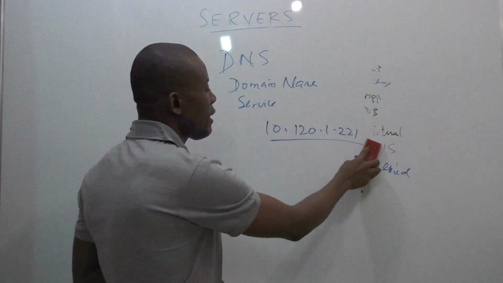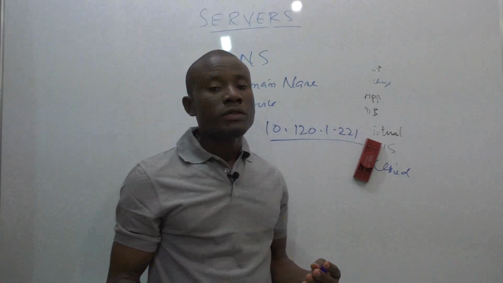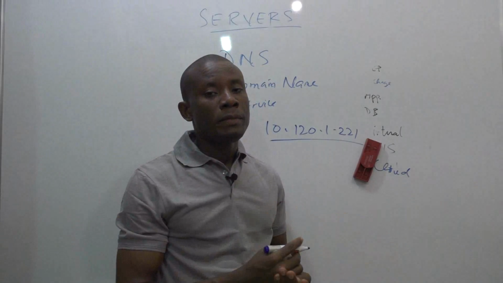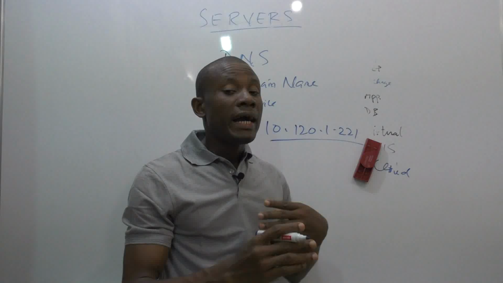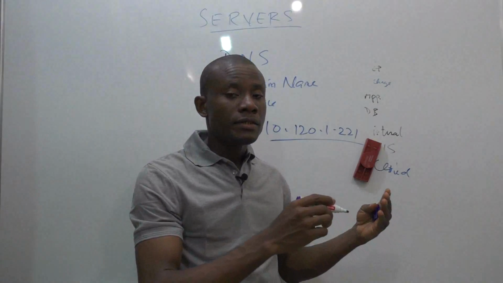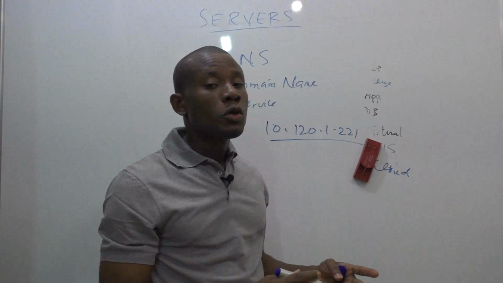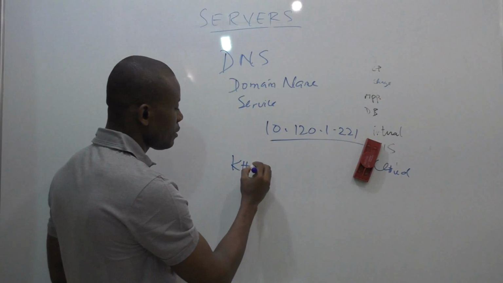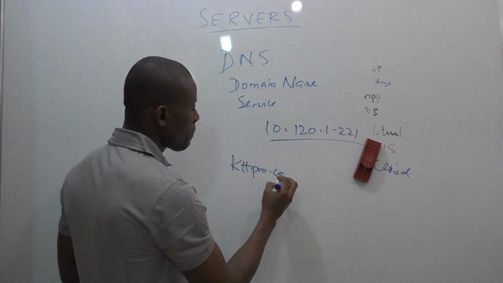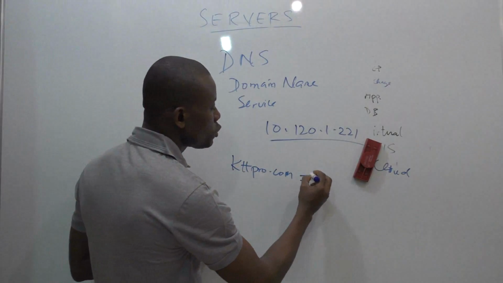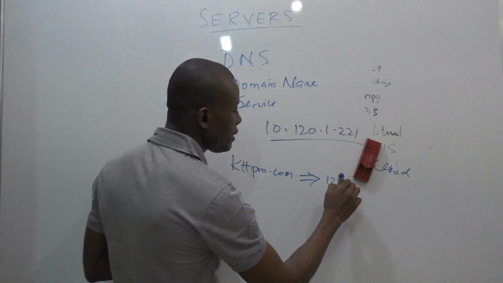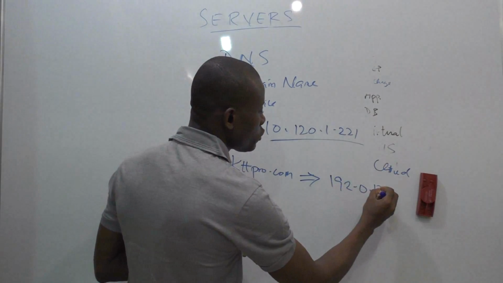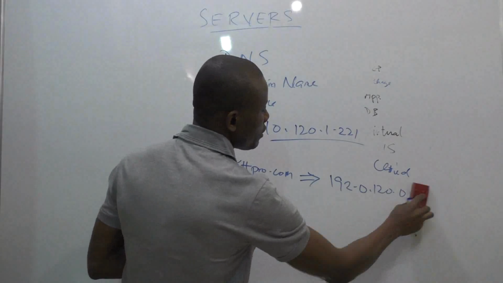For instance, we may have names, like kttpro.com. That is the name of the domain. But that domain that I got when I registered my domain name also maps to an IP address. So kttpro.com might actually map to 192.0.120.0.